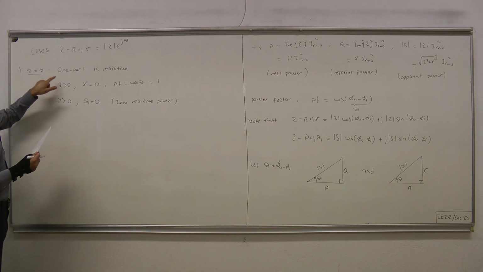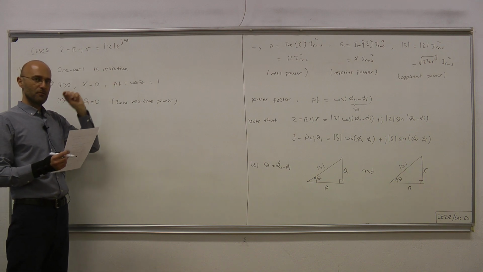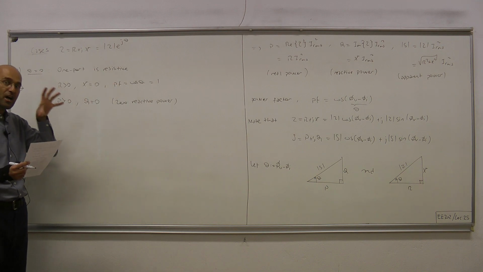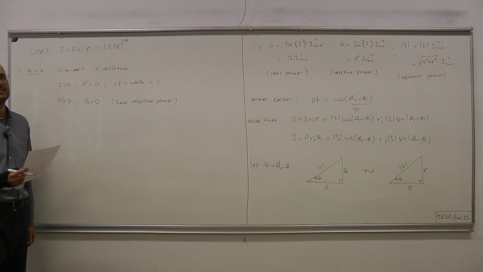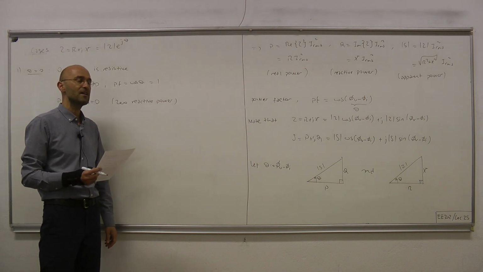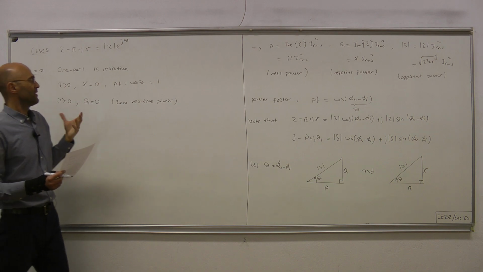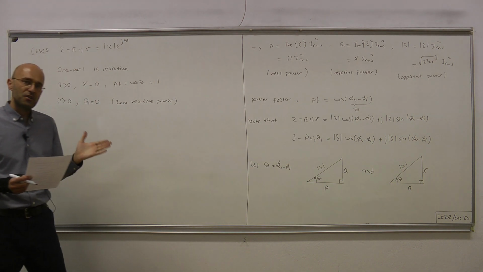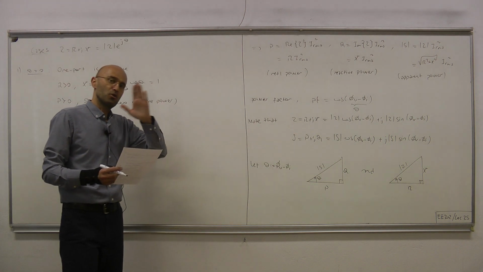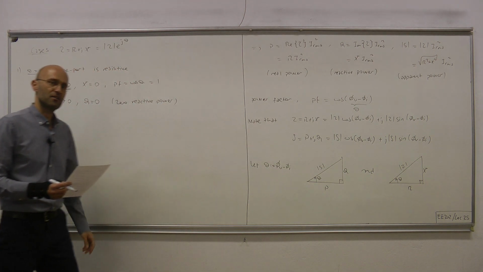Okay. Now, that one port is resistive does not mean that inside our circuit we have only LTI passive resistors. Okay. It just means that neither inductors dominate over capacitors, nor capacitors dominate over inductors. Okay.